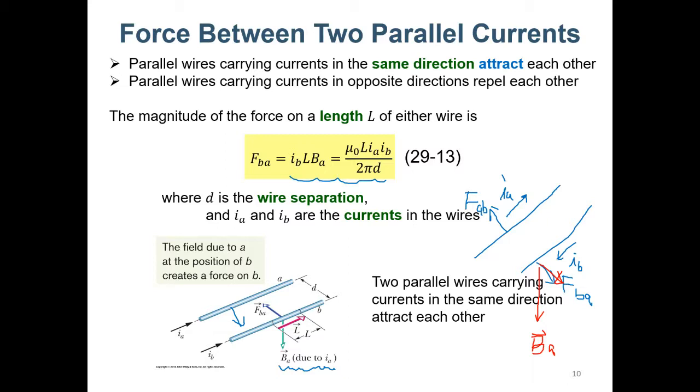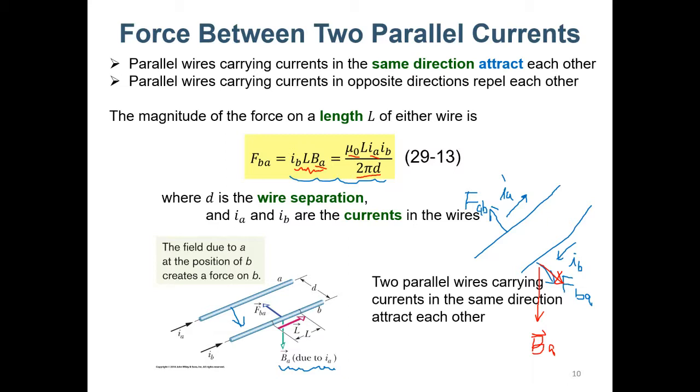So in the previous chapter, we know that FBA should be IB times L times BA, and in this chapter, we know that BA will be mu0 IA over 2 pi d.